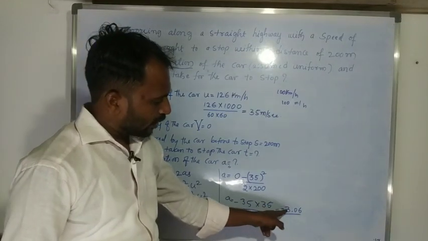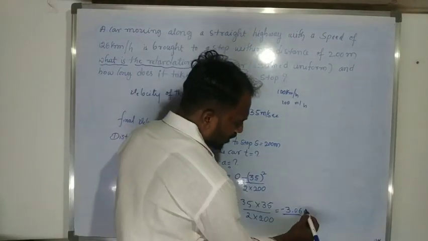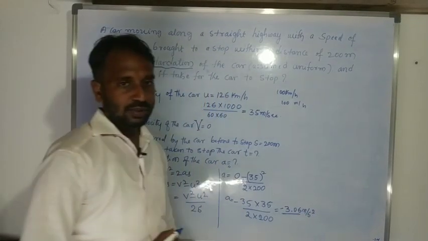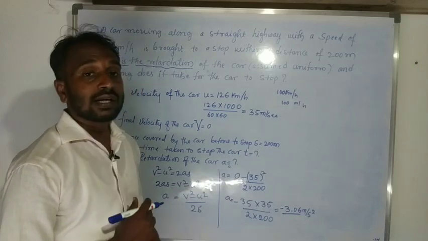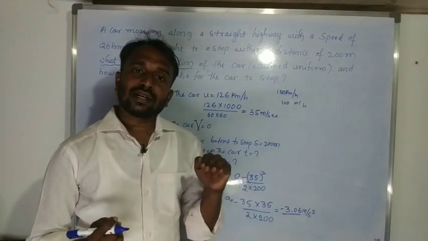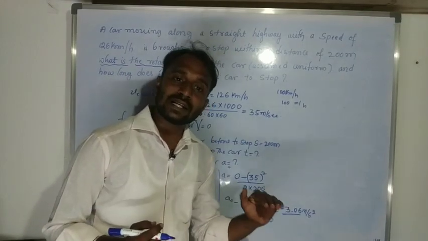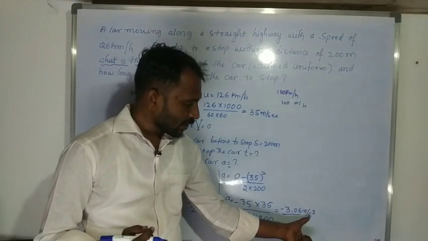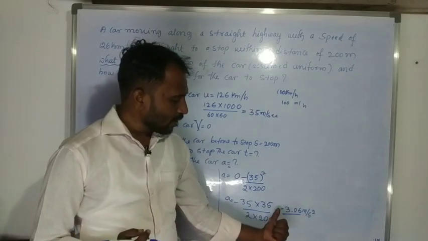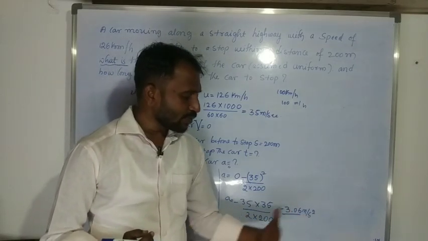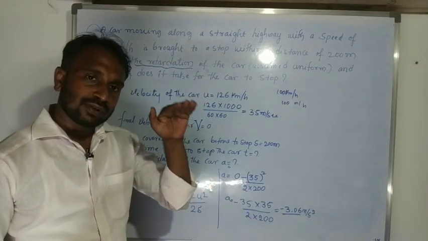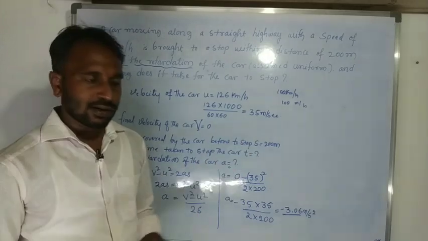So a is equal to minus 3.06 meter per second square. This is the retardation value. The negative sign indicates that the acceleration value goes on decreasing. Meter per second square, you already know, is the SI unit of acceleration. So that is the retardation.